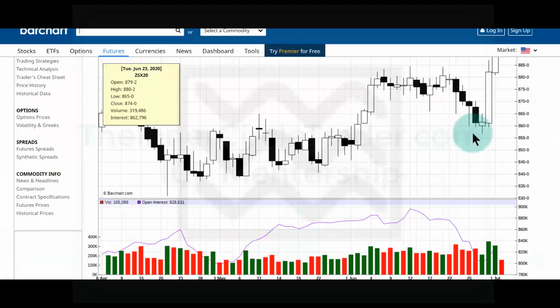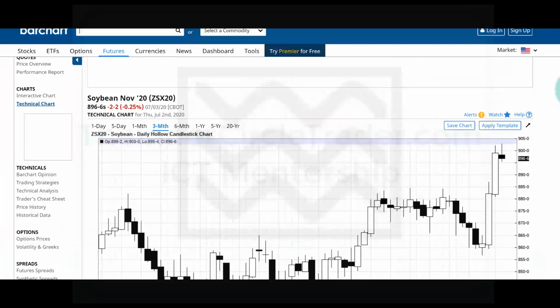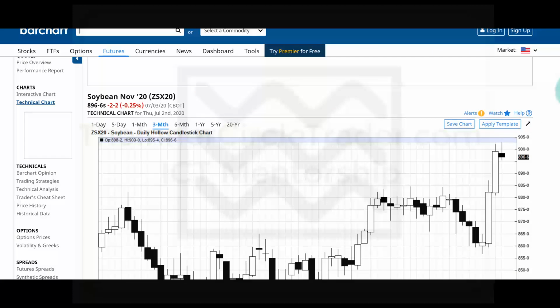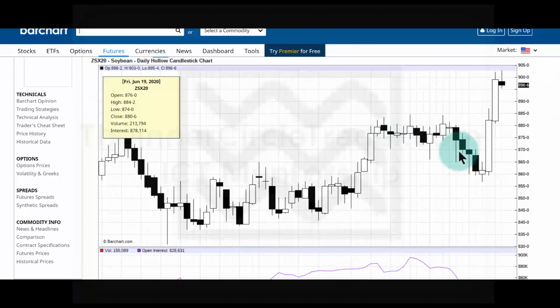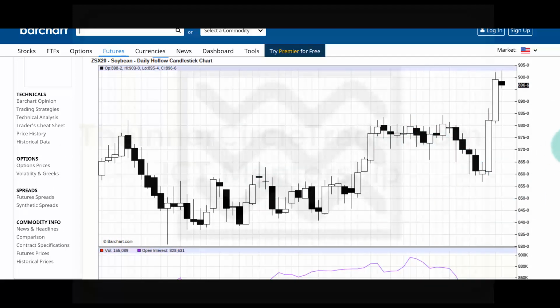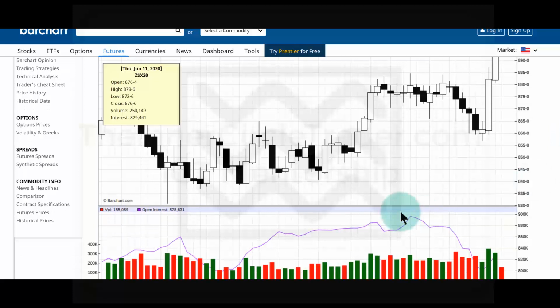What's being shown here is not the same time frame. Obviously, this is three months on a daily basis, so each one of these candles is a single daily candle, but it's just looking at the last three months, so you can really hone in on this decline in open interest. And what's that saying? It means there is a lot of short covering.